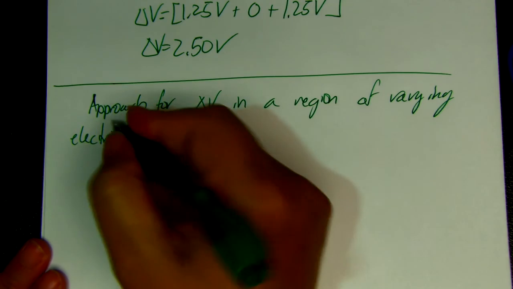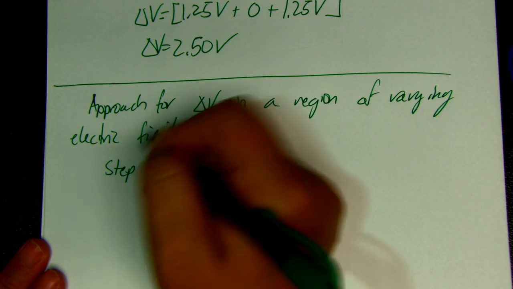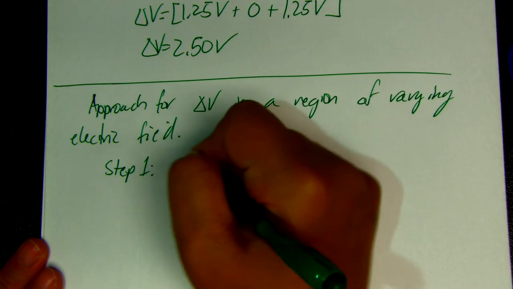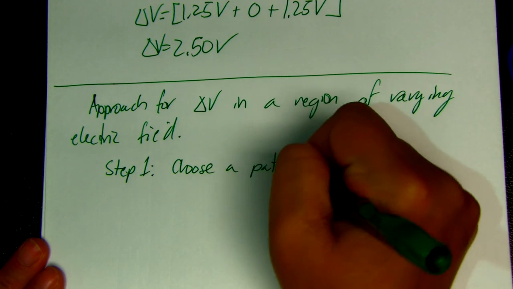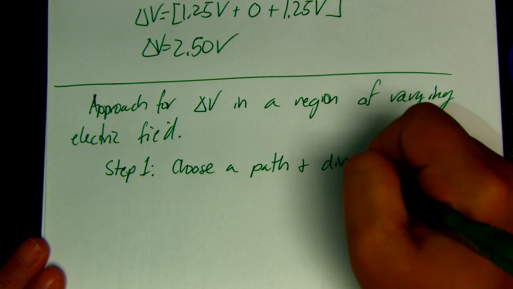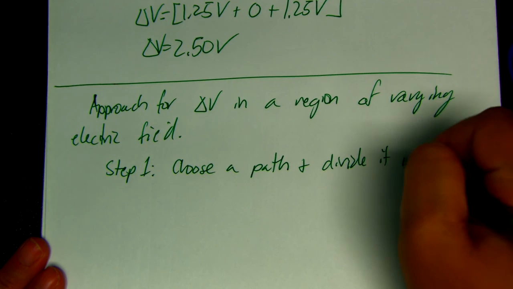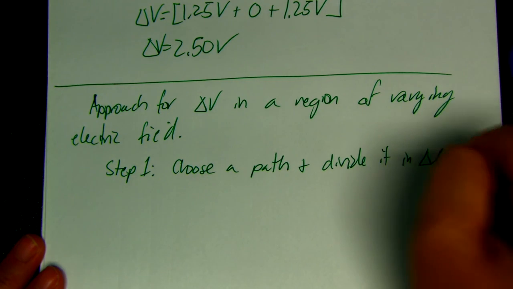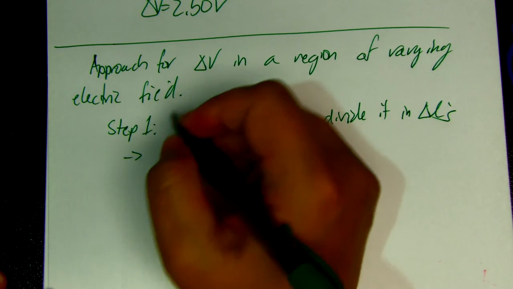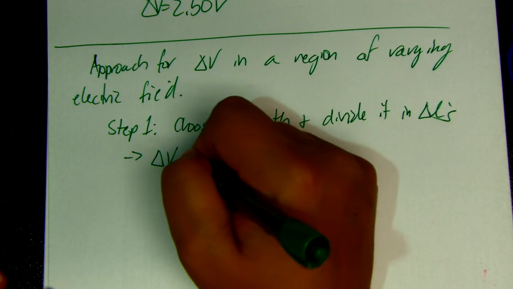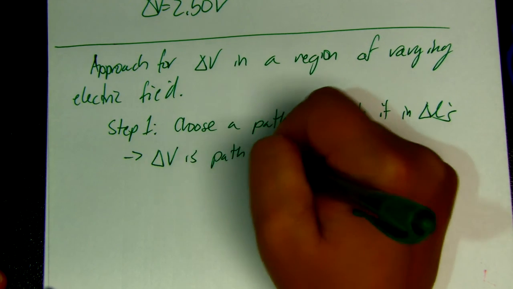So here are the steps we're going to take. I'll give you a hint, they look familiar. Step 1, choose a path and divide it into delta L's. In doing this, you can remember delta V is path independent.